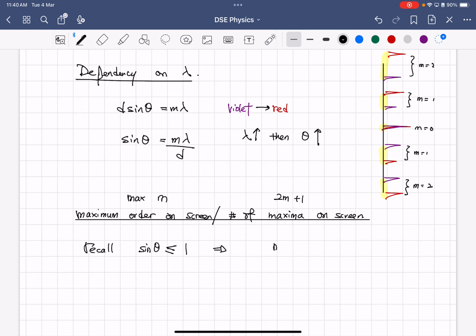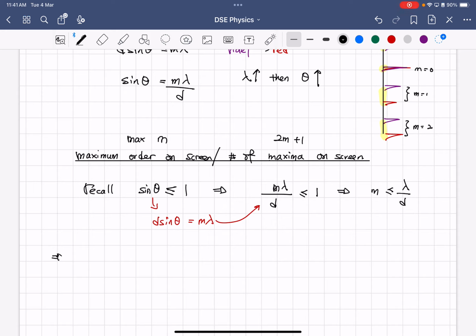That means m lambda over d is smaller than or equal to 1, because we just learned that d sine theta equals m lambda. So mathematics tells you sine theta is smaller than or equal to 1, while physics tells you that sine theta equals m lambda over d. So therefore, m lambda over d must be smaller than or equal to 1.